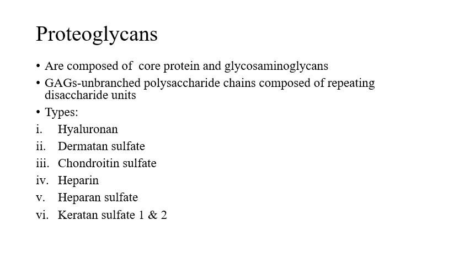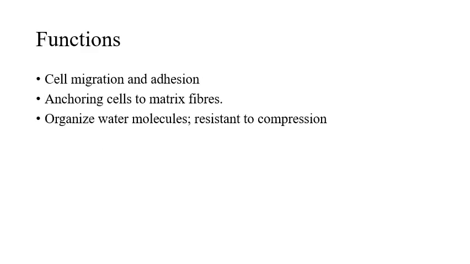And these proteoglycans are of 7 different types, which include hyaluronan, dermatan sulfate, chondroitin sulfate, heparan sulfate, keratan sulfate 1 and 2, and heparin.